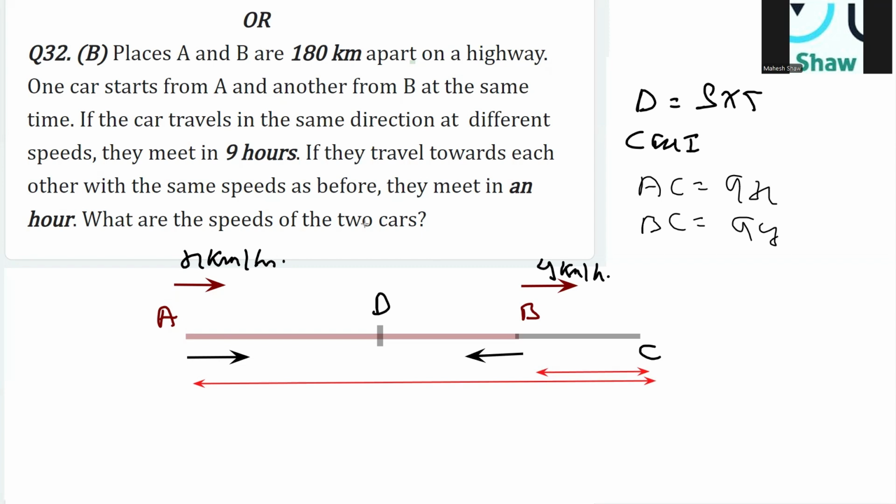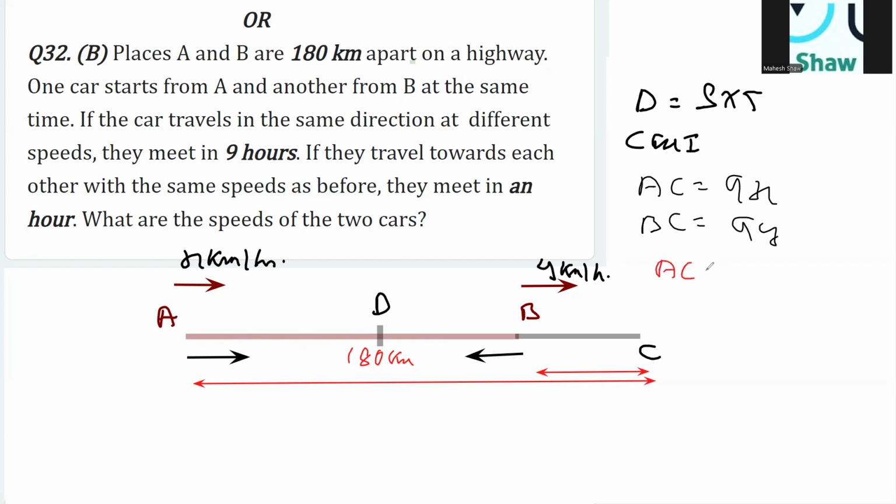So I can see their difference is what? The difference of these two is the distance between A and B, and the distance between A and B was mentioned as 180 kilometer. So what do we conclude?